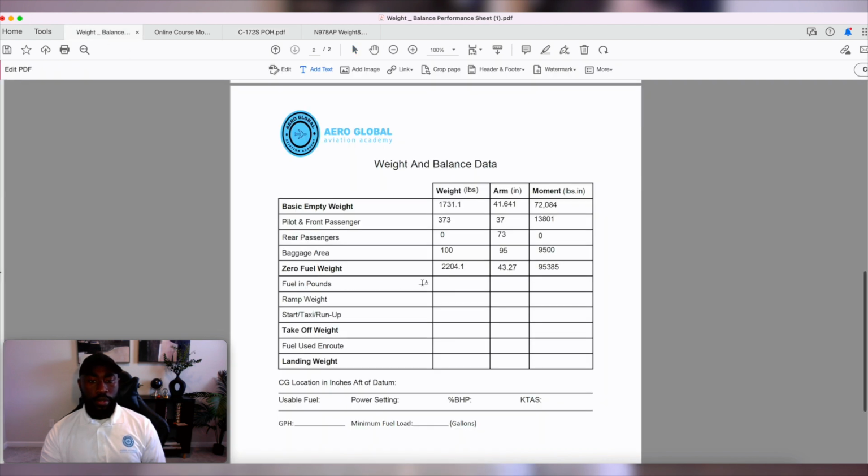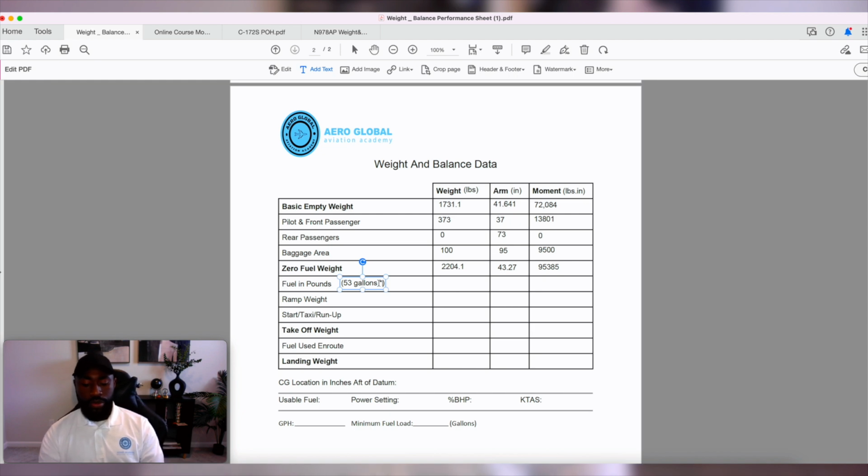So if you notice, 53 gallons is not exactly in pounds, right? So this is why it's important to pay attention here. I'll put a note here to help you understand when you're reviewing this again that 53 gallons has to be converted into pounds. So how do you do that? In general, 1 gallon is about 6 pounds.